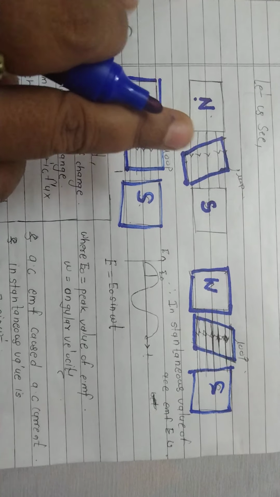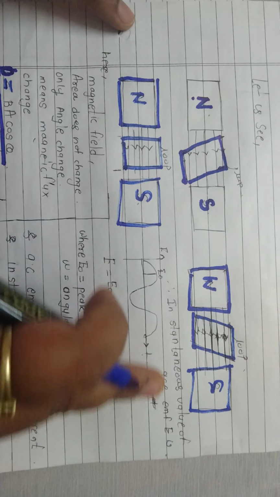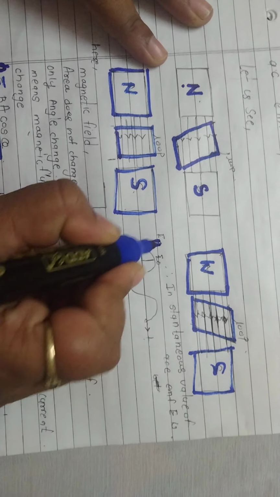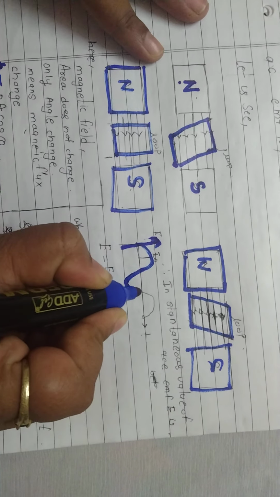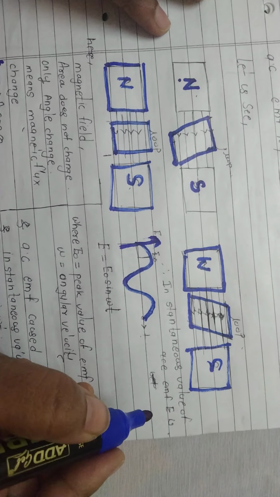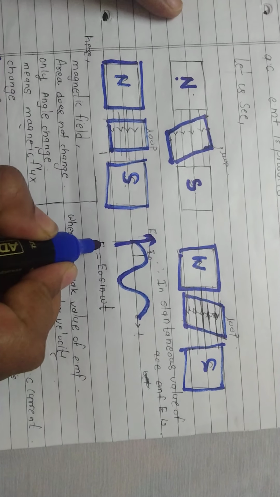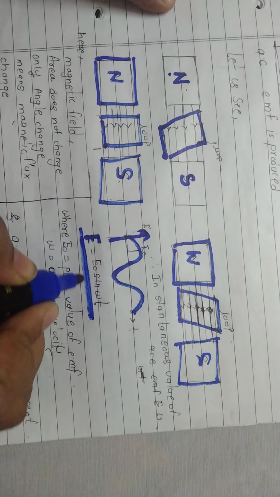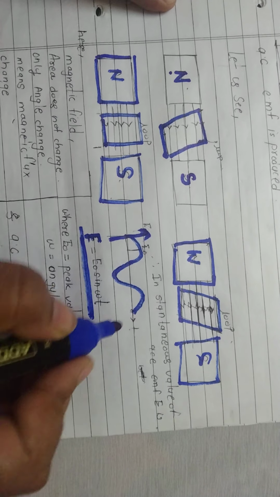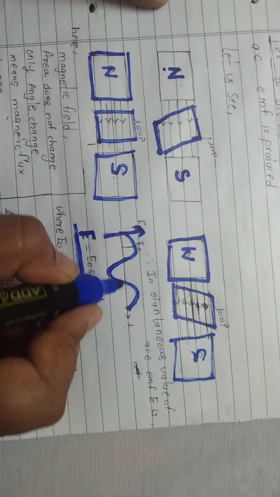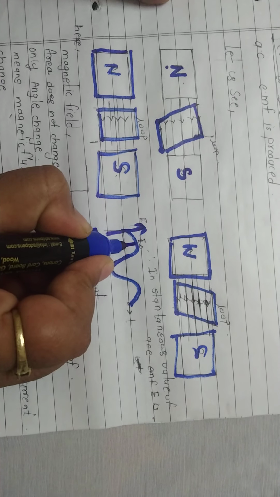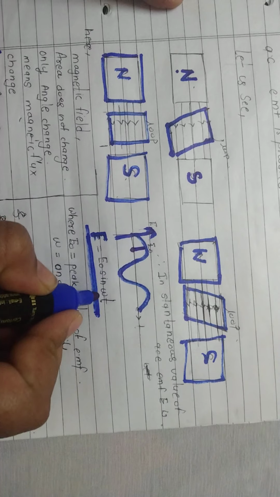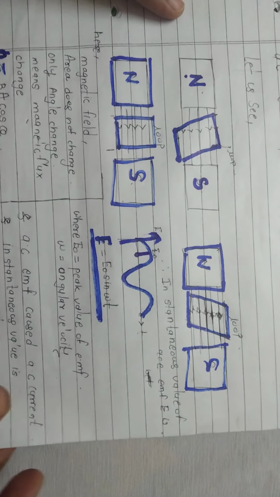The instantaneous value of EMF will be a sine wave: E is equal to E0 sine omega t, because this is a sine wave, where E0 is the peak value of EMF and omega is the angular velocity.